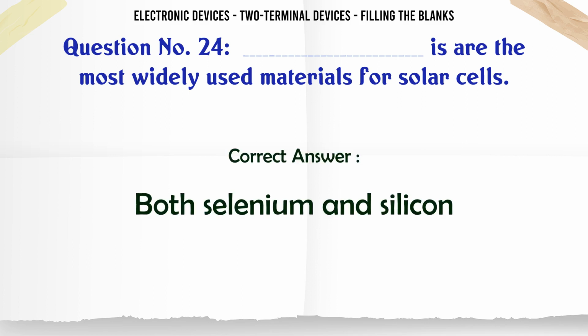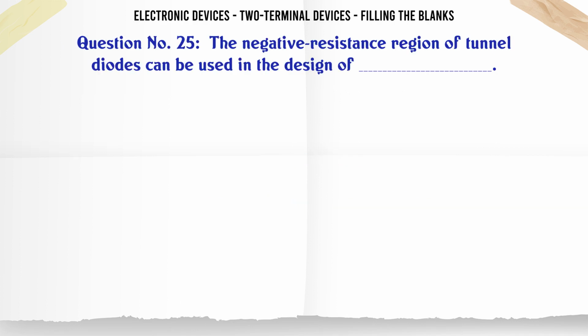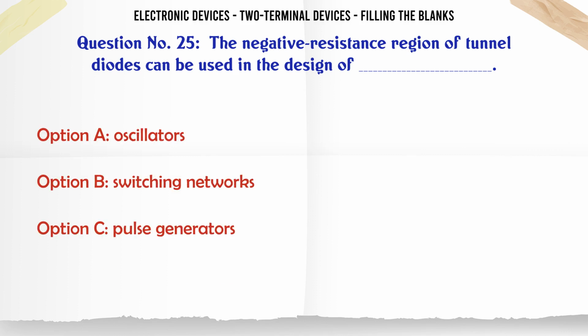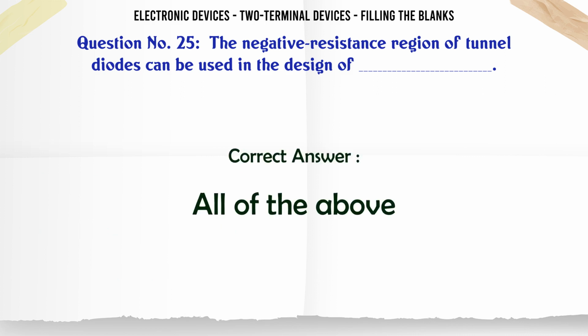The correct answer is both selenium and silicon. The negative resistance region of tunnel diodes can be used in the design of: A, oscillators; B, switching networks; C, pulse generators; D, all of the above. The correct answer is all of the above.